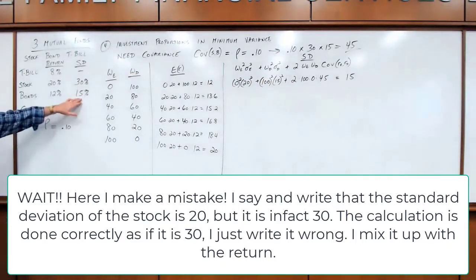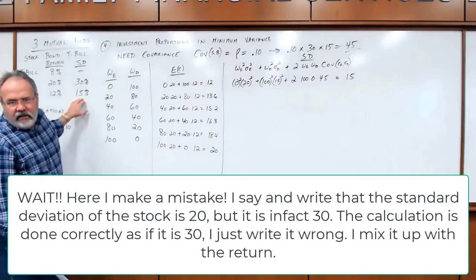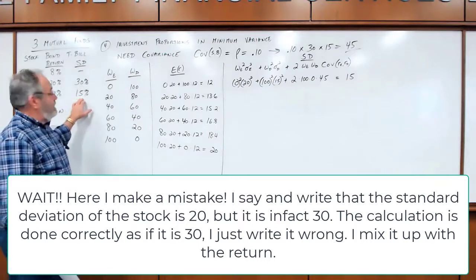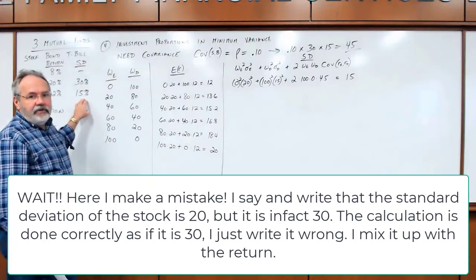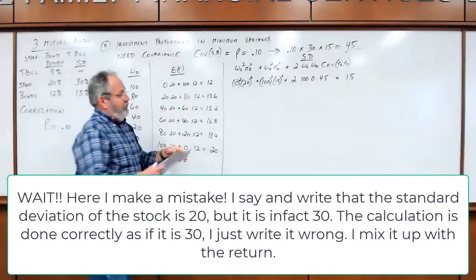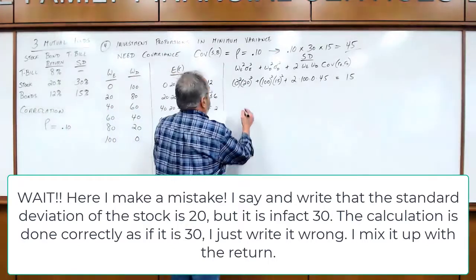Look, you've got all your money in debt. The debt standard deviation is 15%. It's 15%. We'll do another one.